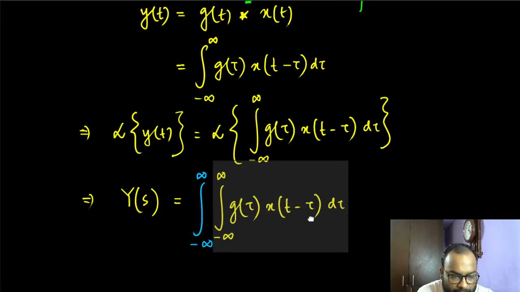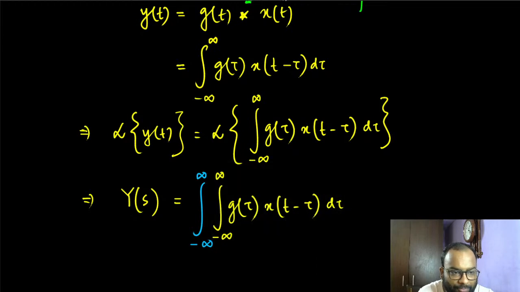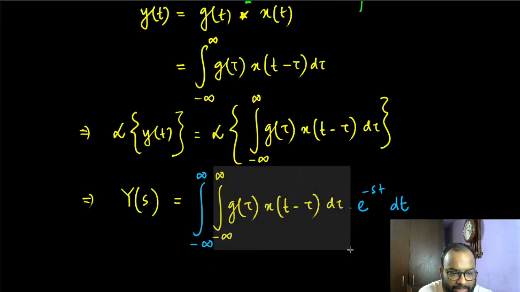Then we multiply this with e to the power minus st and integrate with respect to t. That's how you calculate the Laplace transform. Just keep in mind that this thing is the signal itself.